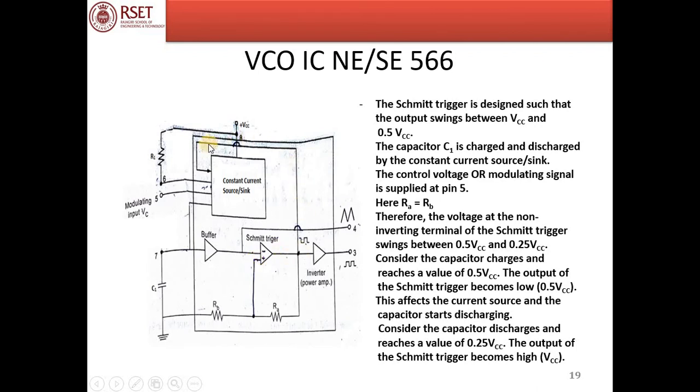When the output of the Schmitt trigger became low, the capacitor started discharging. The capacitor discharges and reaches 0.25 VCC. That is, now the voltage at both these terminals are same. Suddenly, the Schmitt trigger switches to high. That is, it becomes VCC. And again, the capacitor starts charging. So, this process goes on.